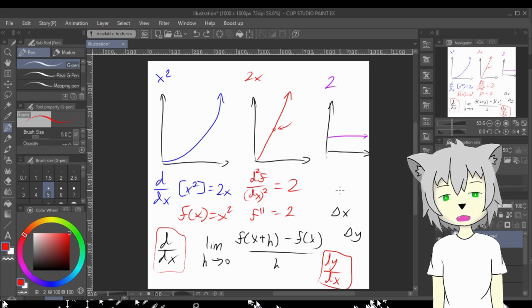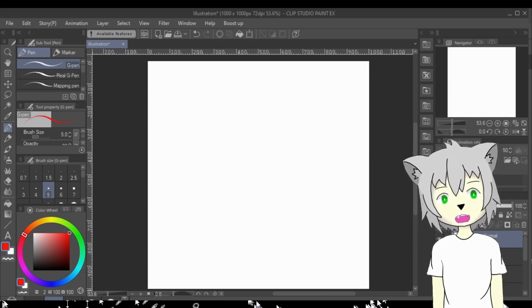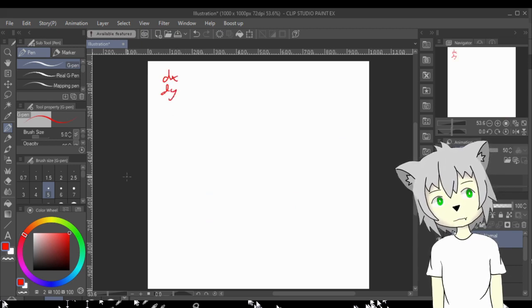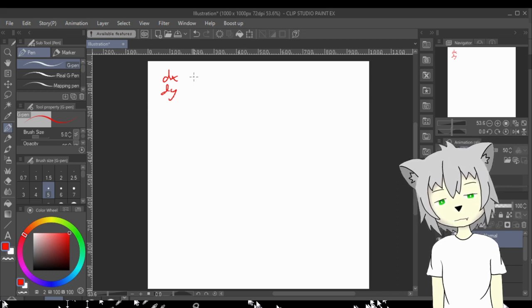The derivative dx and dy are like approximations, basically, because we're using limits to get closer and closer. These are approximations.